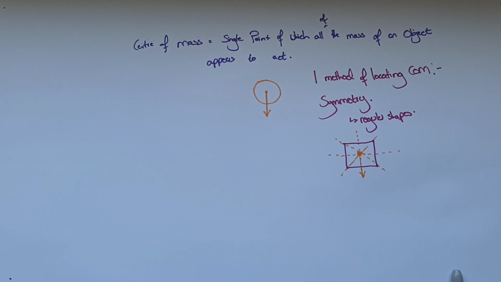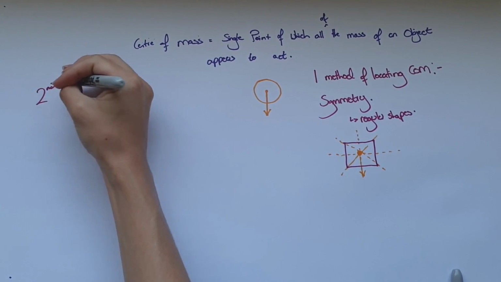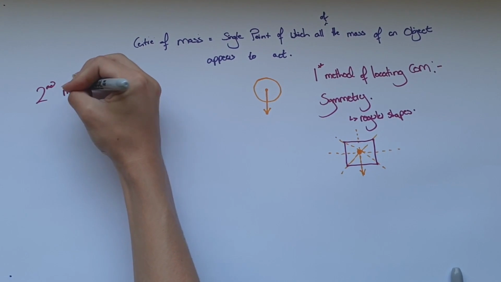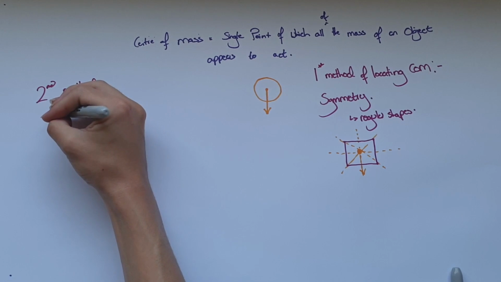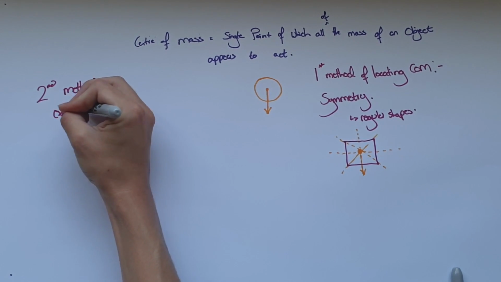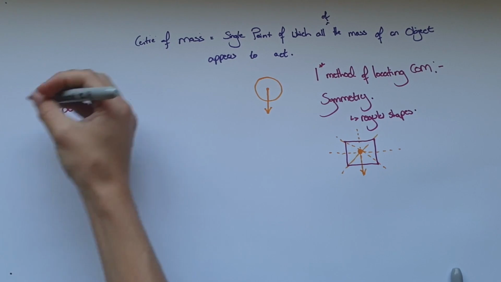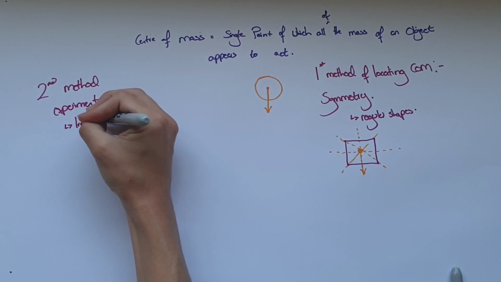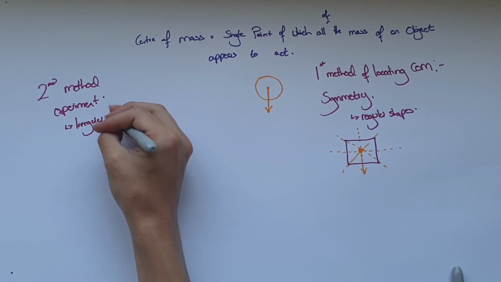The second method would be by experiment. And this is for irregular shapes, so anything that's not regular, anything that can't really be drawn with symmetry lines.